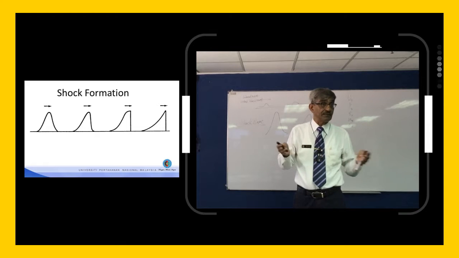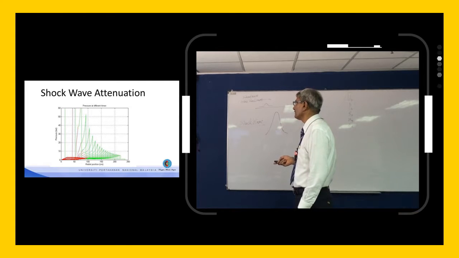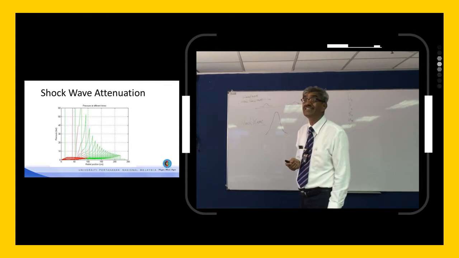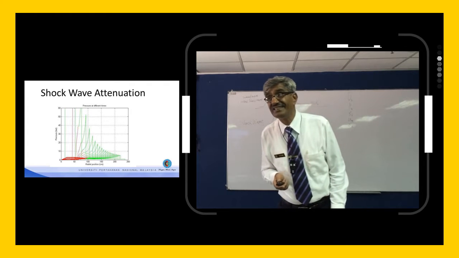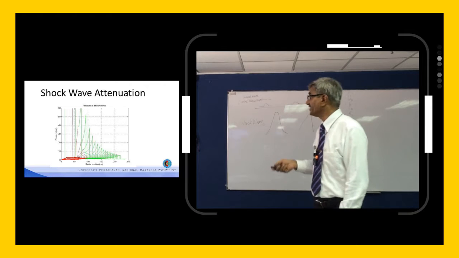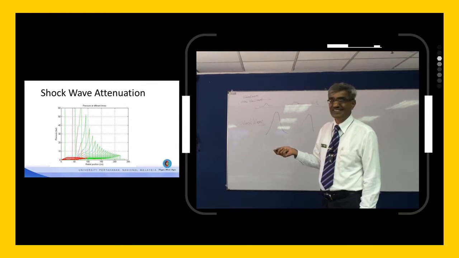It all depends upon the compressibility of the material. If it is highly compressible like here, then it would lose its strength more quickly. Now this attenuation phenomenon, you can look at in here.